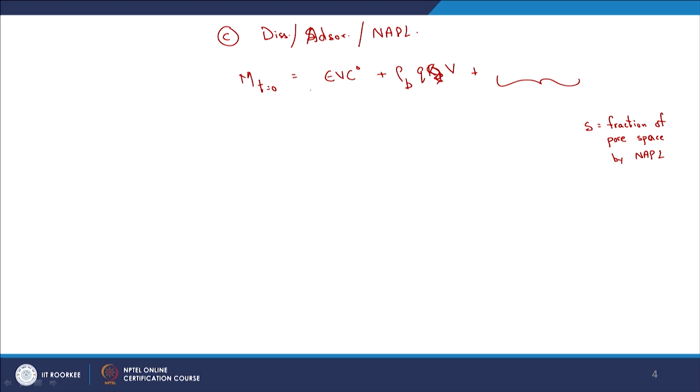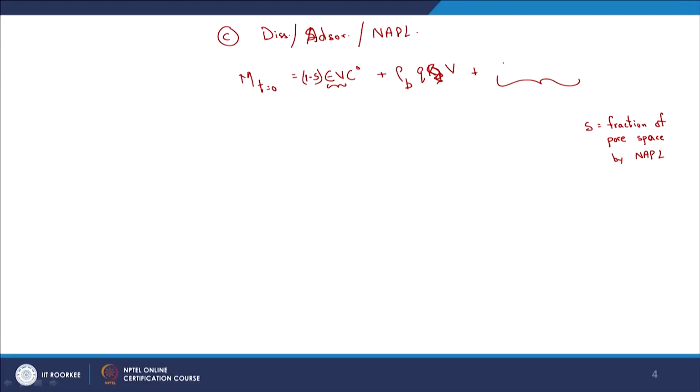How do I need to change this term? It has to be 1 minus S, because epsilon, or porosity, times volume earlier was the total volume of the contaminated groundwater, but now it is 1 minus S times porosity times volume, because part of the pore space is filled by NAPL.